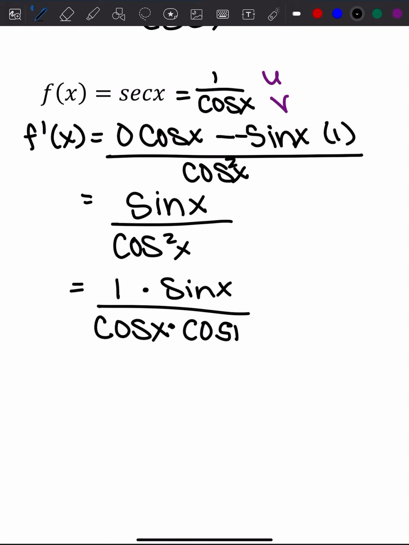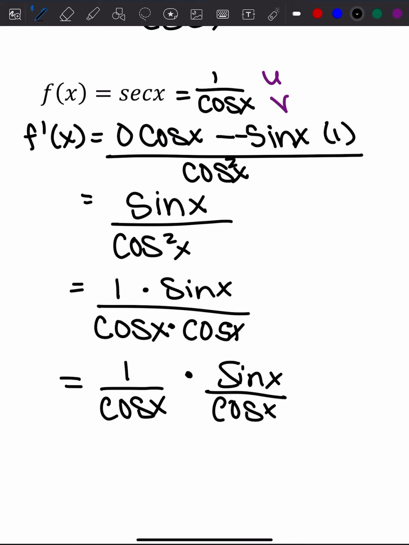Well, all I'm doing is multiplying two things together on top and bottom, so I can go ahead and split those two things up into two separate fractions. So I can split up 1 and sine, and I can split up my two cosines into separate fractions.